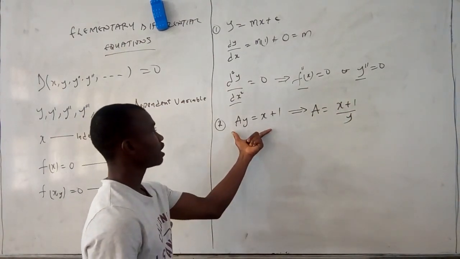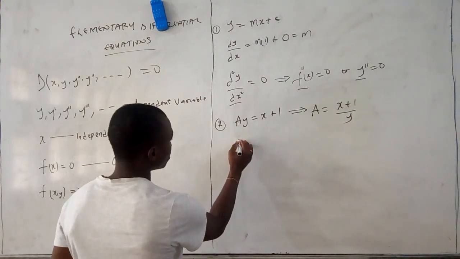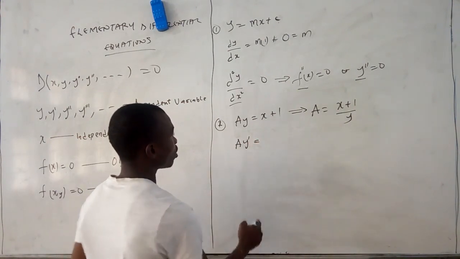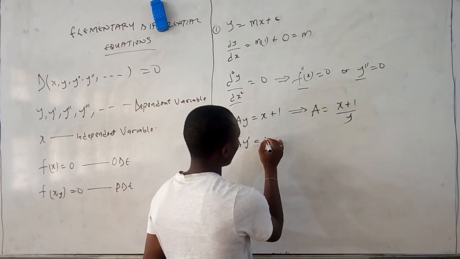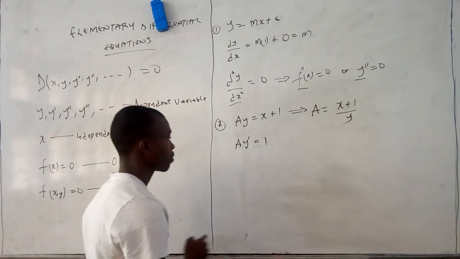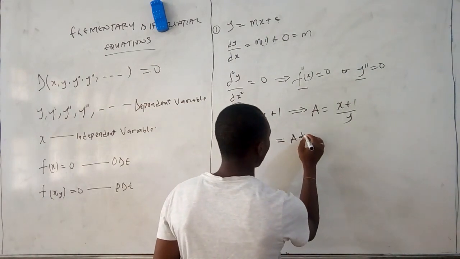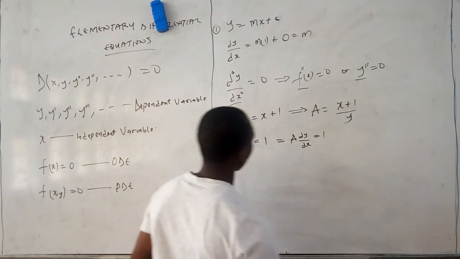So now you differentiate this with respect to x. If you differentiate this, you have a y prime is equal to, differentiating x, you have 1 and this is 0. So it is equal to a dy dx is equal to 1.